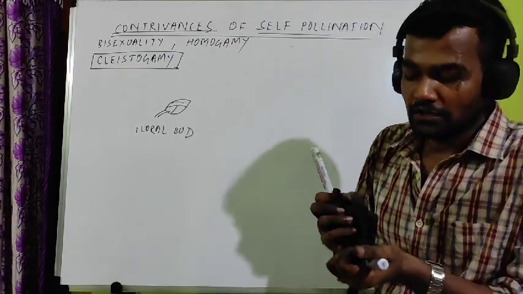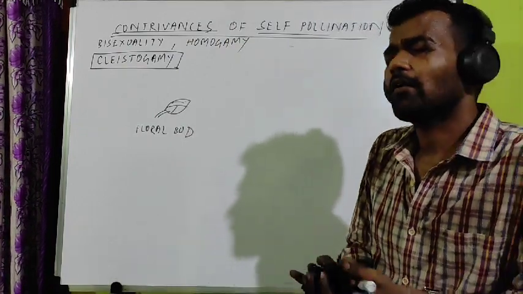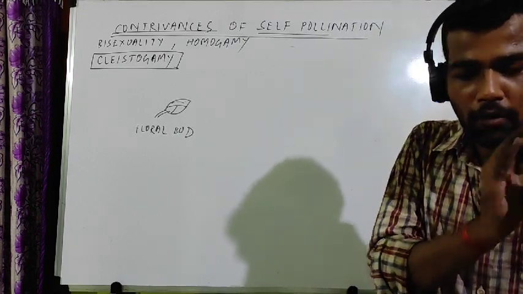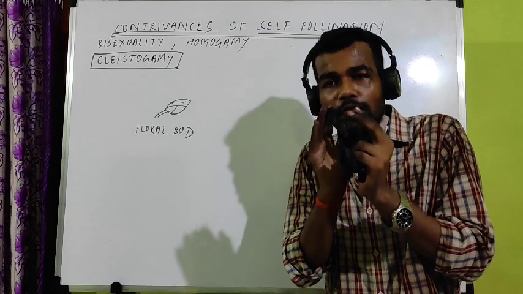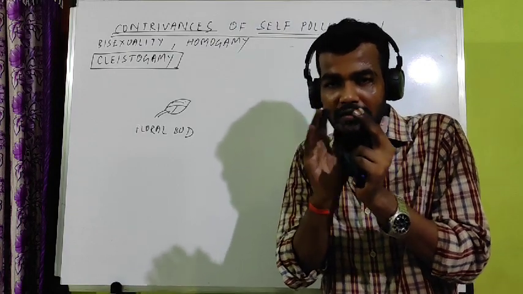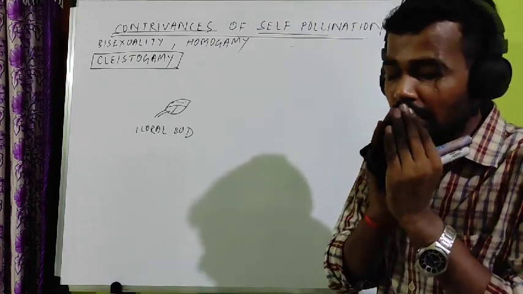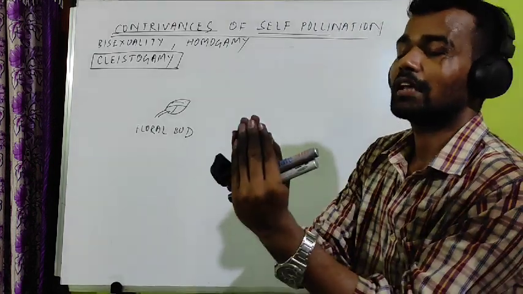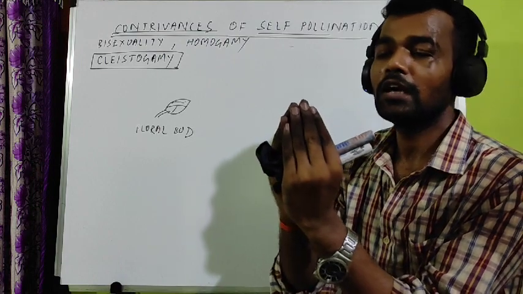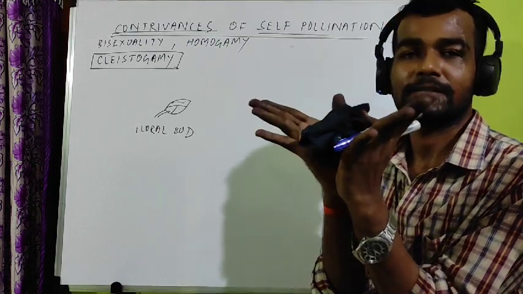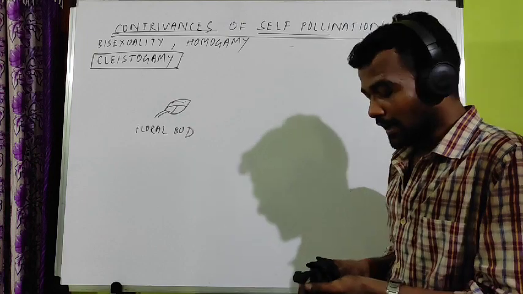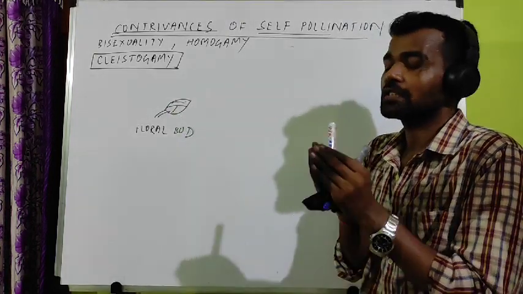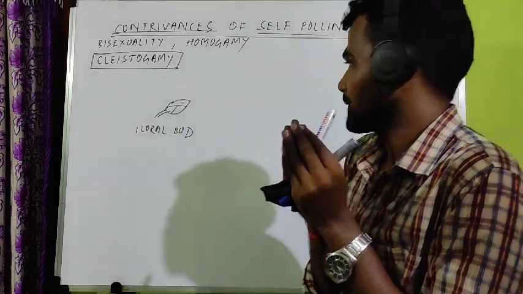Flowers generally open in the early morning, at 3 or 4 o'clock. In the evening you find flowers closed like this, and in the early morning they open and their parts separate. Here I have shown one floral bud. It is the closed condition of a flower, or the immature flower.